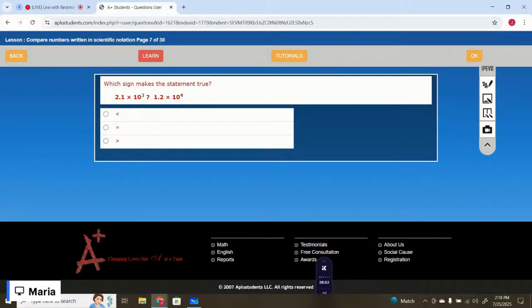Which sign makes the statement true? 2.1 times 10 exponent 3 and 1.2 times 10 exponent 4. 2.1 times 10 exponent 3 is less than 1.2 times 10 exponent 4. Option number 1 is the correct option.